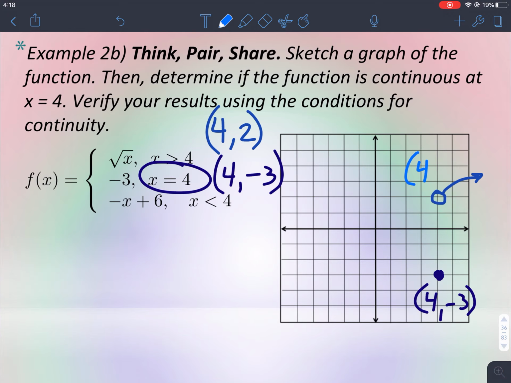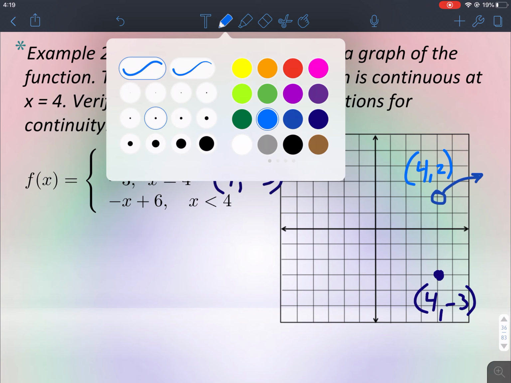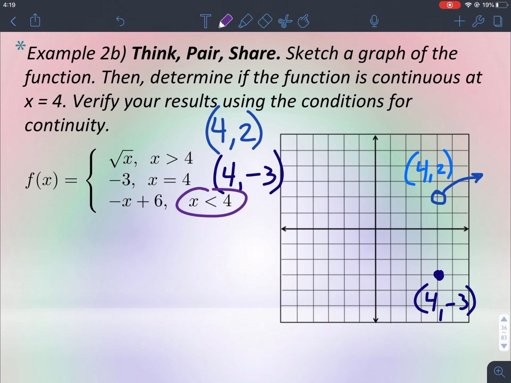This is the point (4, 2). And the third one, if I take 4 and I plug it in here, I'm going to get negative 4 plus 6, which equals 2. So the point (4, 2) is on here, but also an open circle. And then that slope is going to be negative 1.